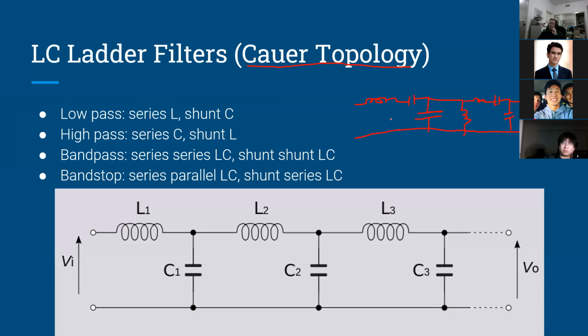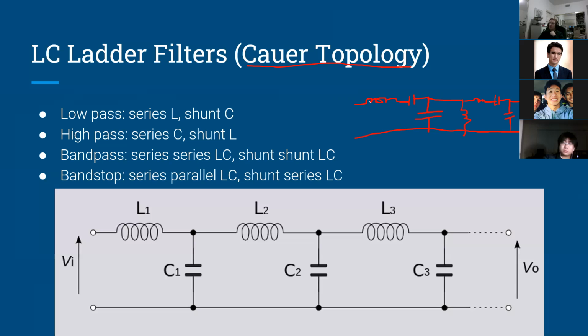So this would be a bandpass filter, specifically a fourth order bandpass filter. And to create a band stop filter, you just swap the series LC with the parallel LC. And you can kind of see how that works.